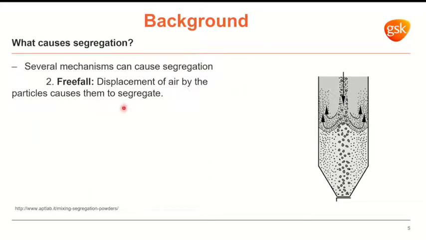Another mechanism that can cause segregation is free fall. Imagine that you have particles of different size, density, and different characteristics. If they're made to fall into an empty container, as they go down they're going to displace the air.